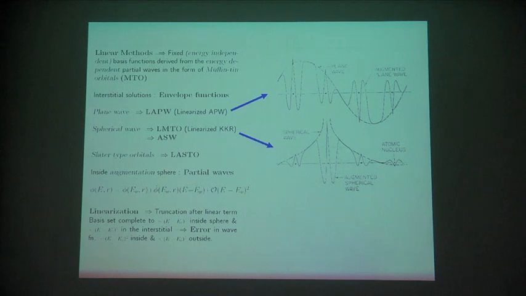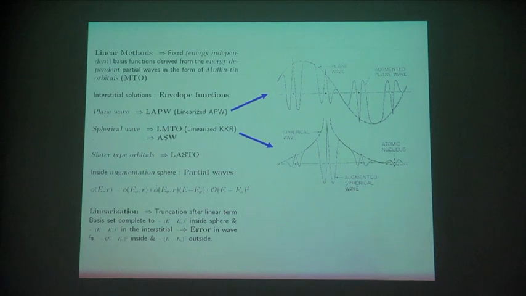So what Ole Anderson did, and that is really a revolutionary thing, is that he defined what is known as the envelope function. Envelope means something within which you put whatever you want to put.